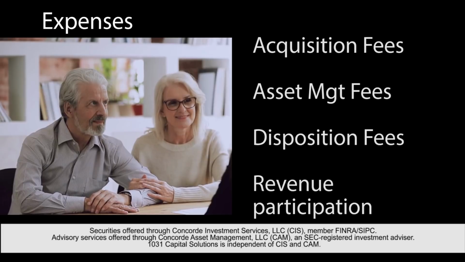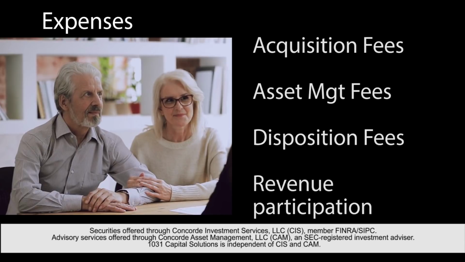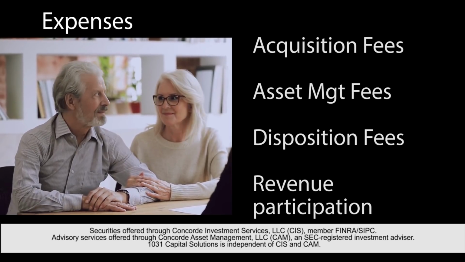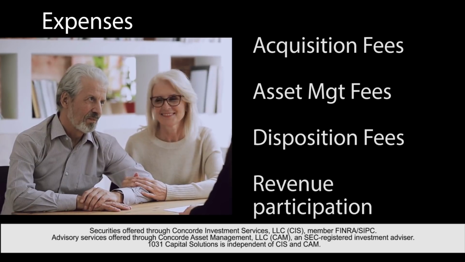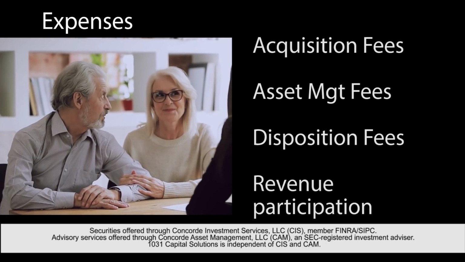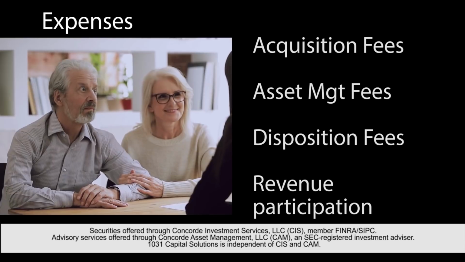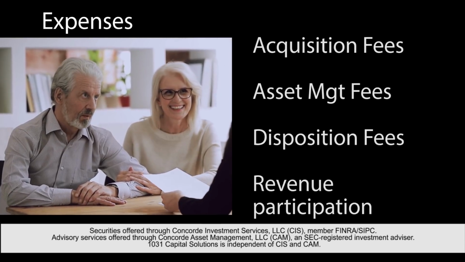In exchange for these services and potential benefits, investors pay acquisition fees, asset management fees, disposition fees, and revenue participation fees they would not otherwise pay with directly owned and operated real estate.